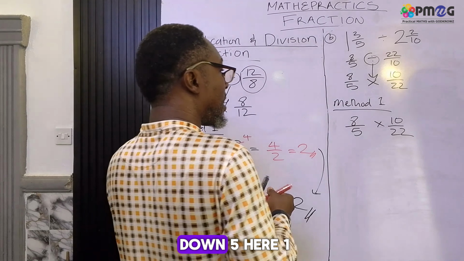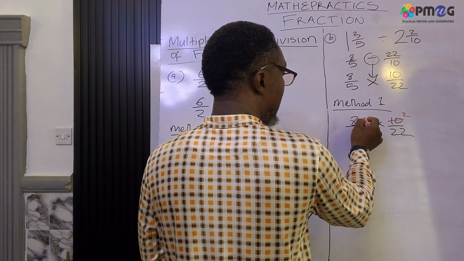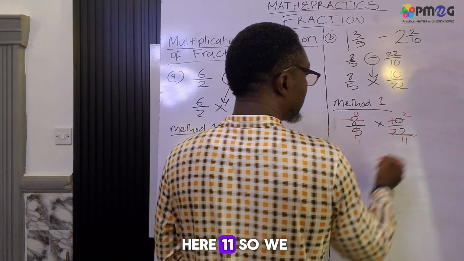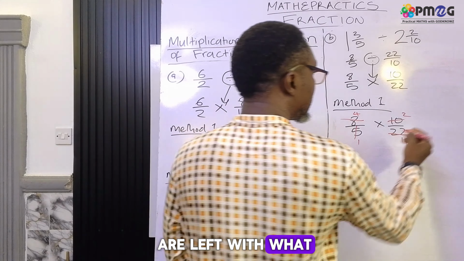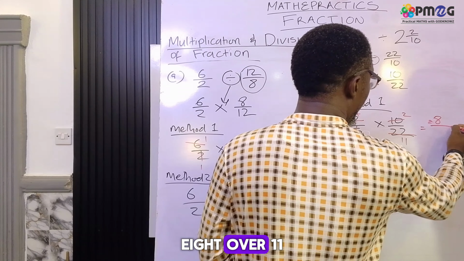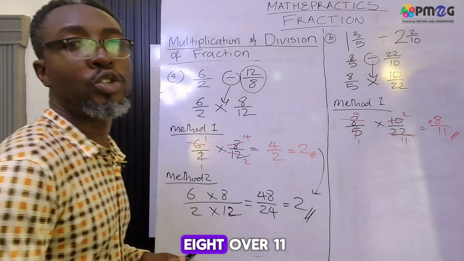Method 1 is to cut down. 5 here, 1. 5 here, 2. 2 here, 4. 2 here, 11. So we are left with what? 4 times 2 gives us what? 8 over 11. This is our answer, 8 over 11.